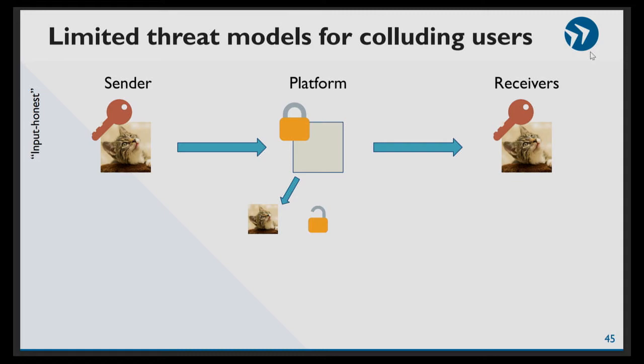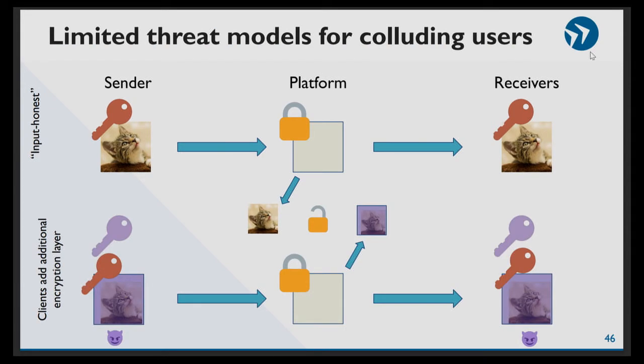So the platform says, okay, I'm going to use perceptual hash functions, so I'll be able to detect it even if you slightly change the image. And if you follow this process all the way to the bottom, it is totally possible for the sender to encrypt the thing they want to send out of band, and then send it via the platform to the receiver, who will decrypt it out of band. And there is no technology on Earth that would be able to detect this, or else all our encryption schemes are broken.